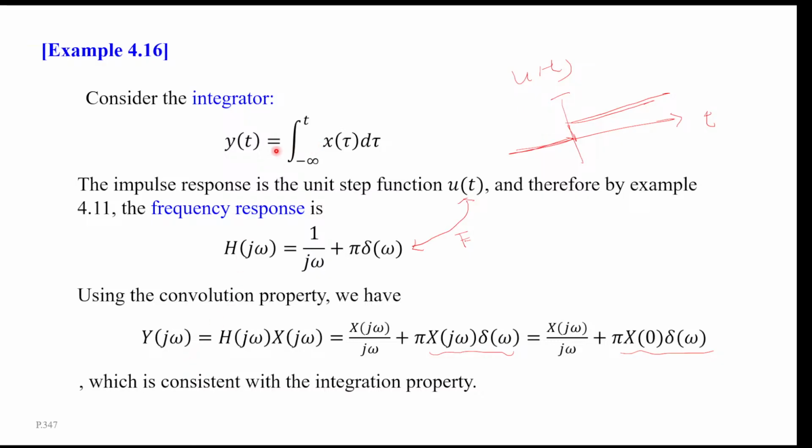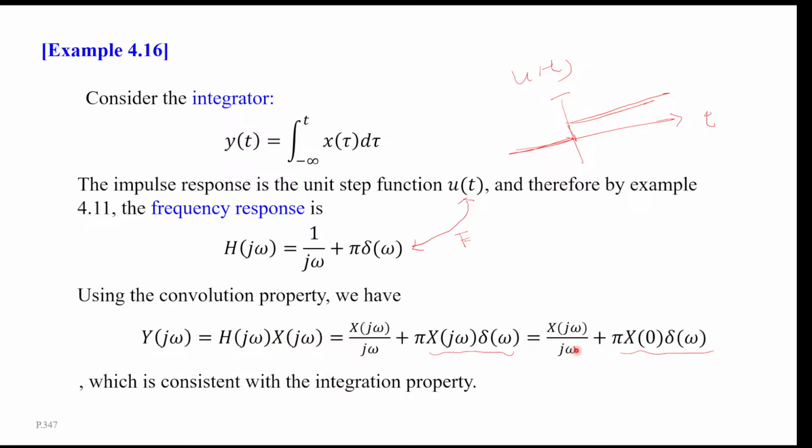So we put everything into frequency domain. So big Y equal to big H times big X. Then big Y equal to big X divided by j omega, plus this part times big X, so pi big X of j omega delta of omega. And because you have delta of omega here, you can put this big X just at the value of omega equals 0.